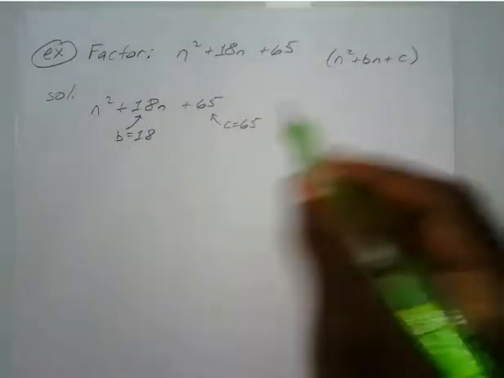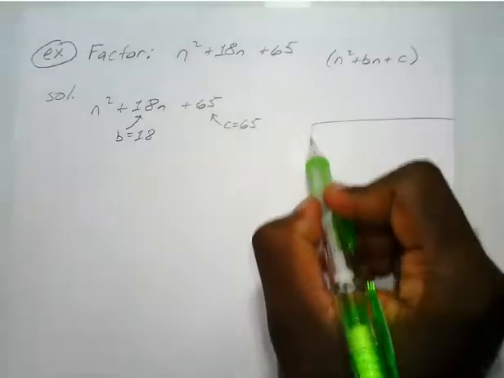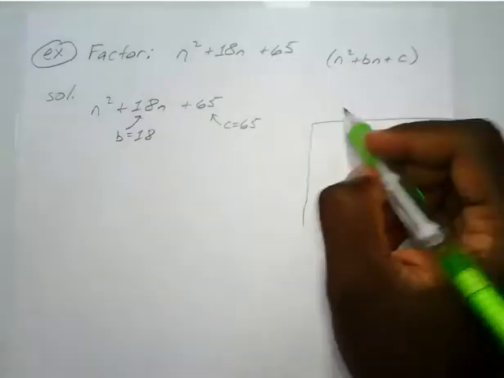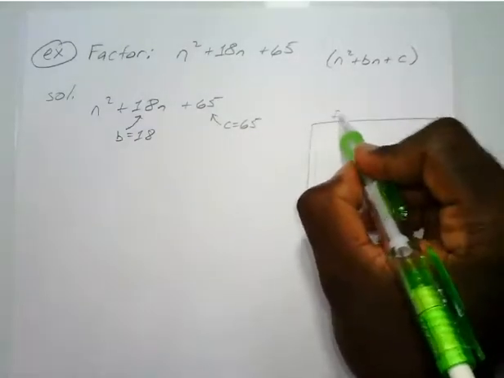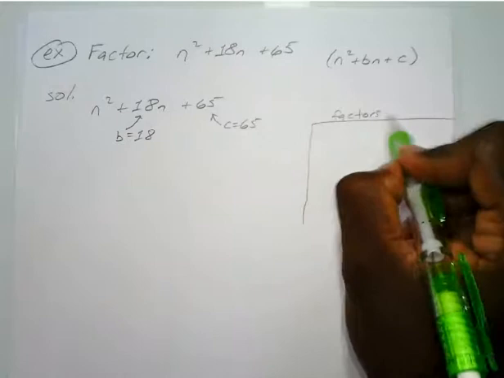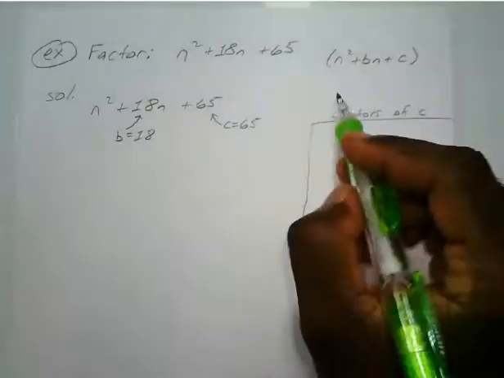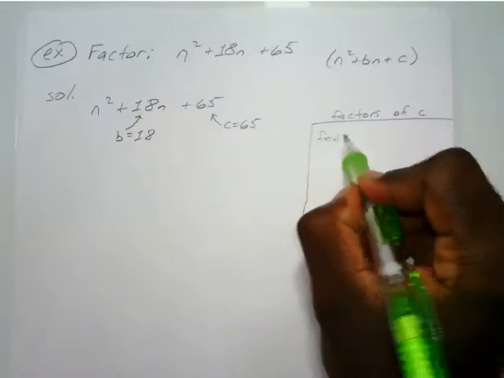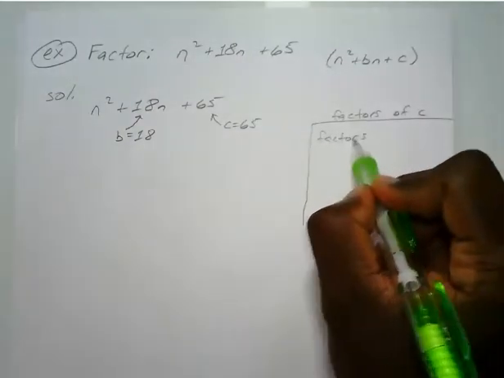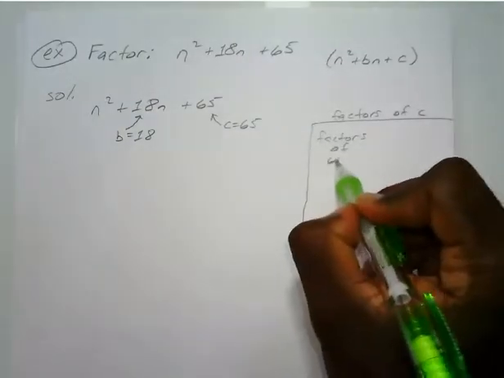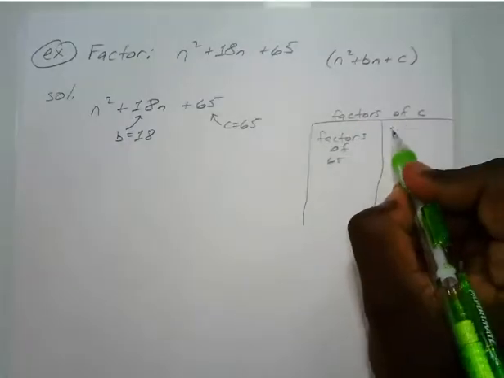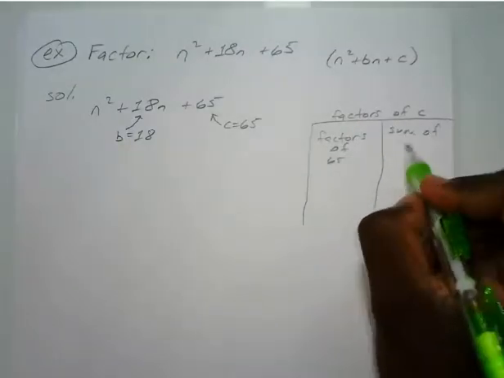Alright, so just to kind of give an idea of how you can approach this, if you think along the lines of your factors of your c, which is 65, you have factors of 65 and sum of the factors.